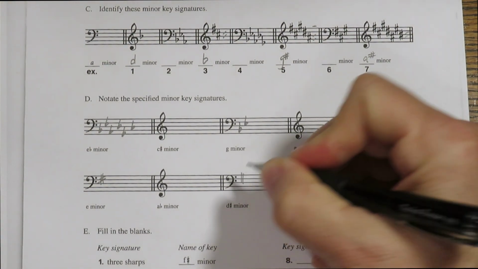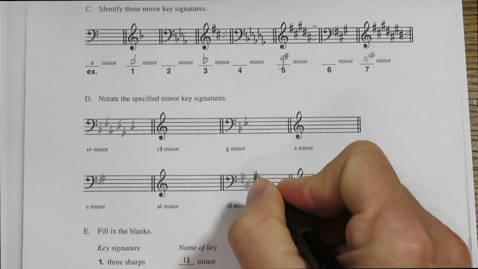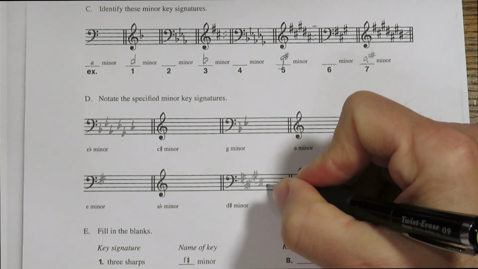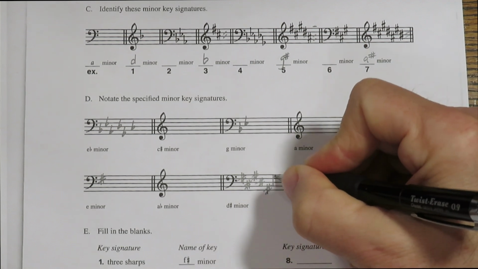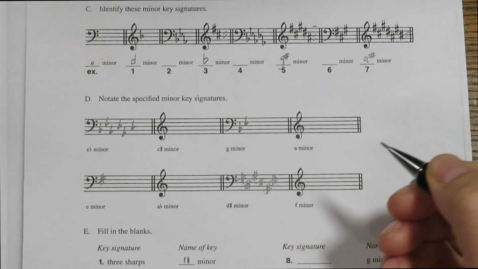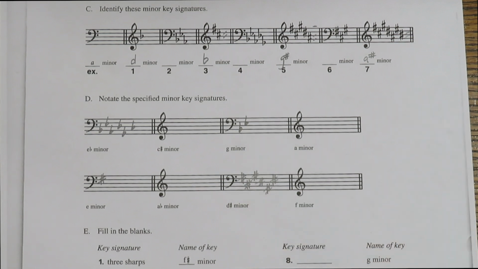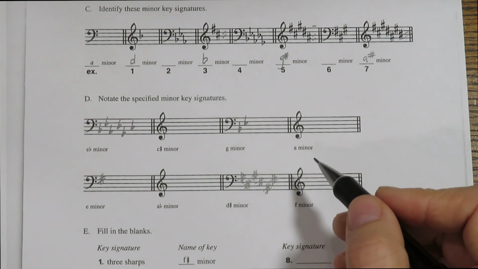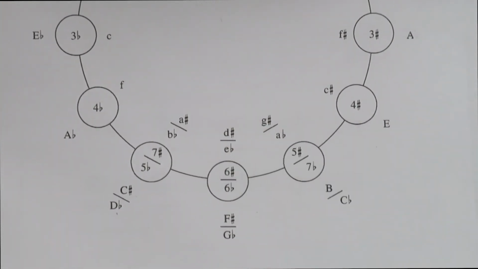In bass clef, F, C, G, D, A, E. Okay, there's our 6 sharps, F, C, G, D, A, E. Okay, and if you go up a half step from E sharp, that would be F sharp, and that is the relative major to D sharp minor.